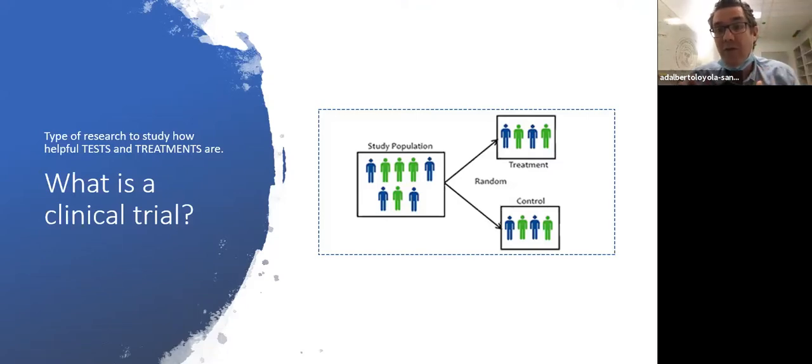So if you observe a change over time between the groups, you can more strongly link that change to the intervention or the test, rather than just random variability among the people.